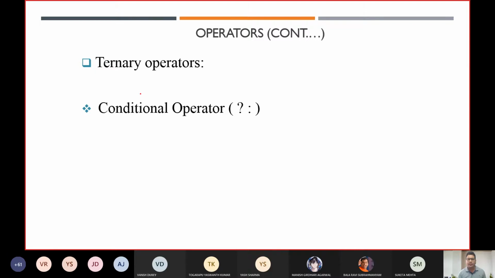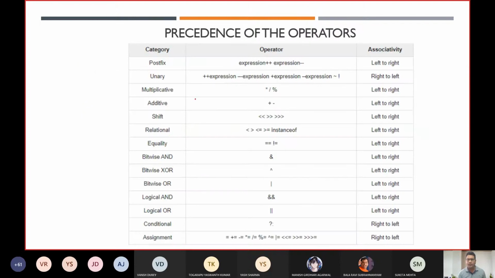We have already discussed conditional operators too, and one more thing you need to remember is the precedence of operators. Always give the highest priority to expressions consisting of plus plus, either post increment or pre increment.